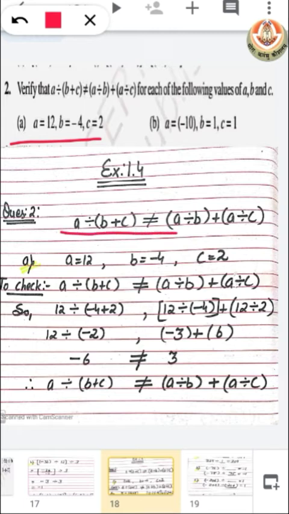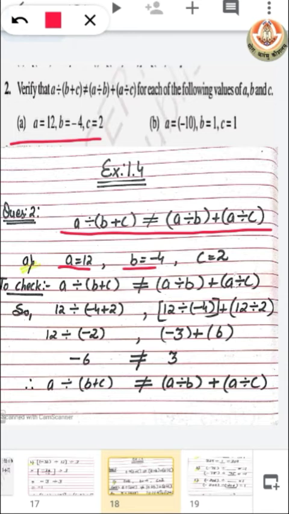We have to verify this equation, and we have values for A, B and C. So just put the values of A, B and C in this given equation which we have to verify.